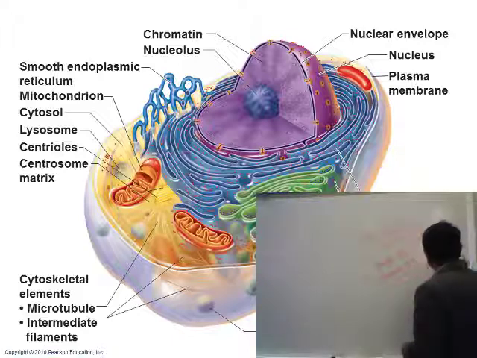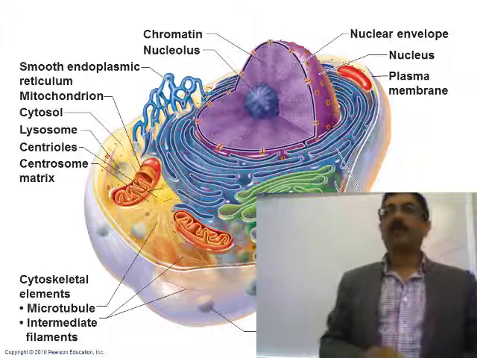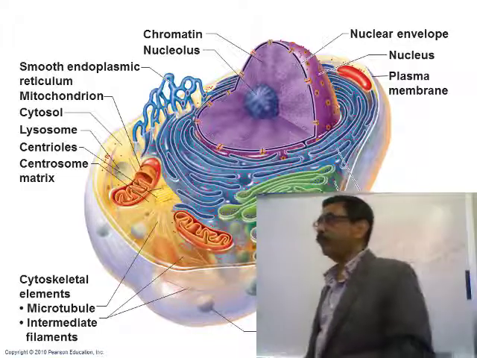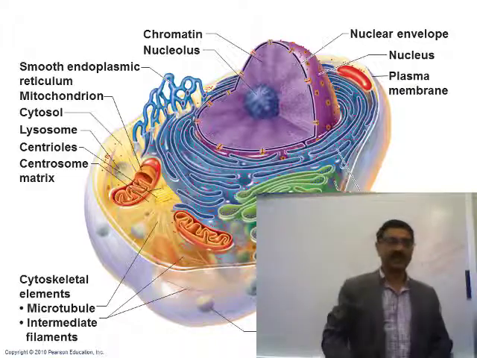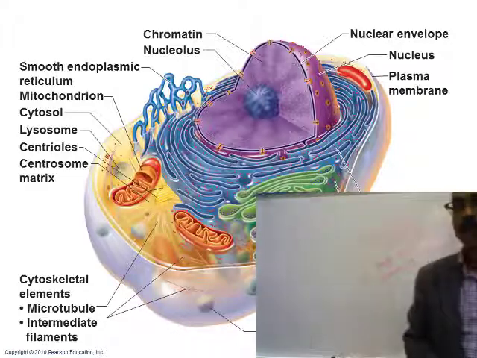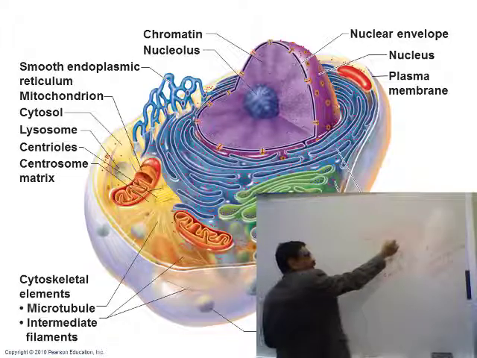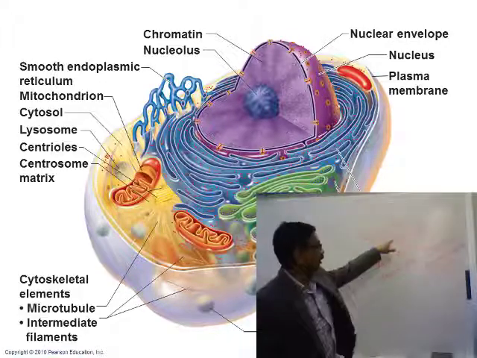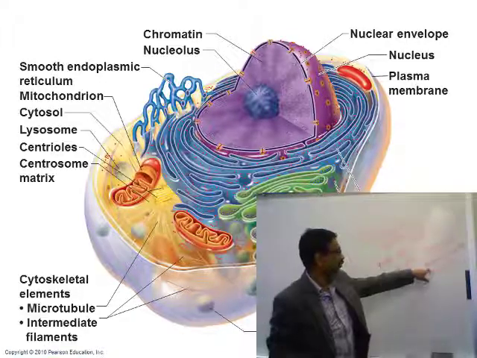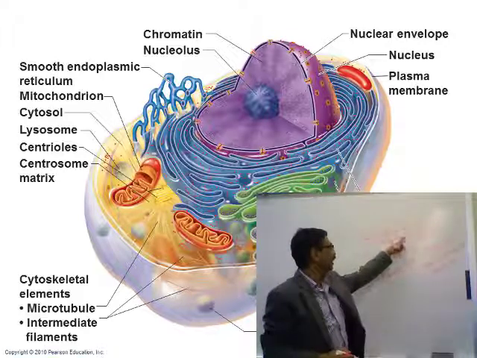So synthesis of protein, or manufacturing of protein, is the function of the ribosomes. Then that protein enters into the ER. So ribosomes manufacture proteins, then those proteins go inside the ER.